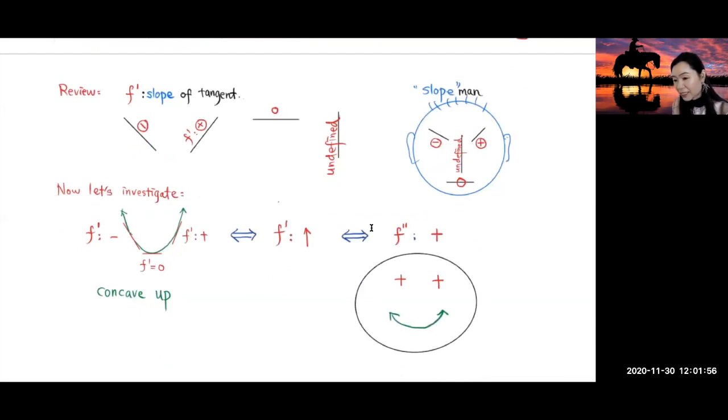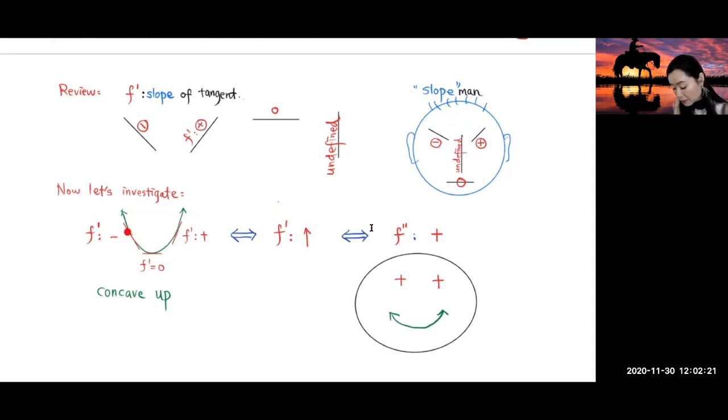Now let's investigate this. Over here we have this concave up curve. You see the slope of the tangent is negative because it's falling from left to right. And here it is 0. The slope is 0. Here the slope is positive.